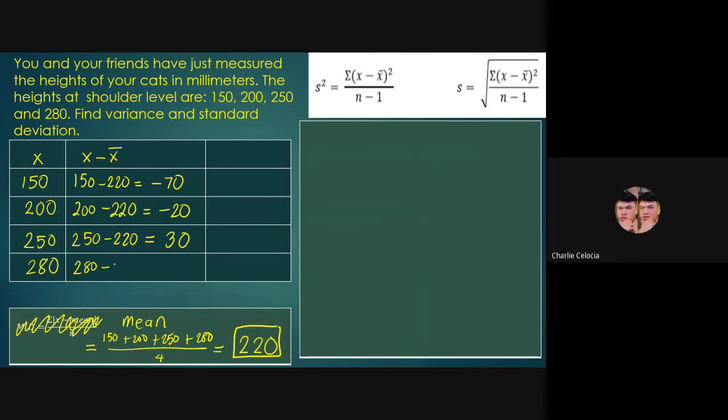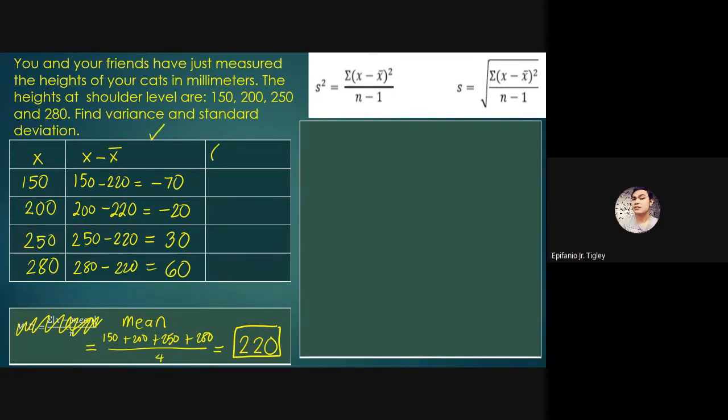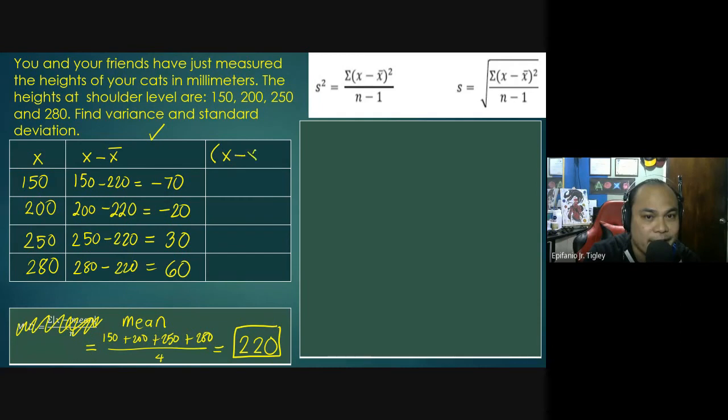Now, this is not the mean deviation. We are solving for the variance. Next you square whatever is the result in your second column. What is negative 70 squared? When I say negative 70 squared, that's negative 70 times negative 70.